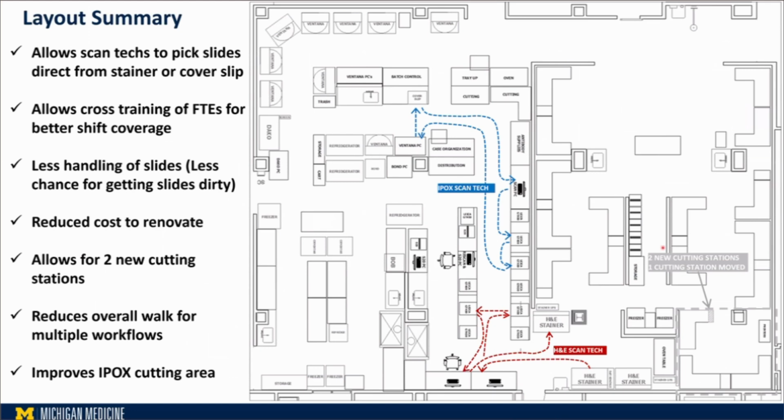And this really helped the scan tech to pick the slide directly from the stainers, distribute it to the scanners, and then have a seamless workflow to distribute it back to the back counter. This has really reduced the cost to renovate because we only need to make some benches within our lab. And also we have more space right now to have maybe a new cutting workstation. So overall it was a really efficient, clean workflow within our wet lab histology.